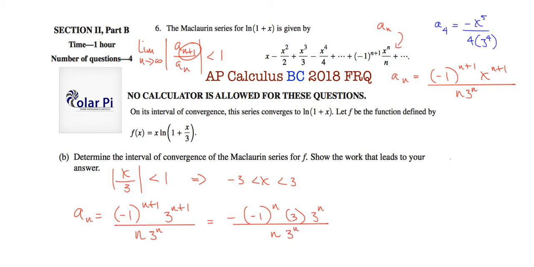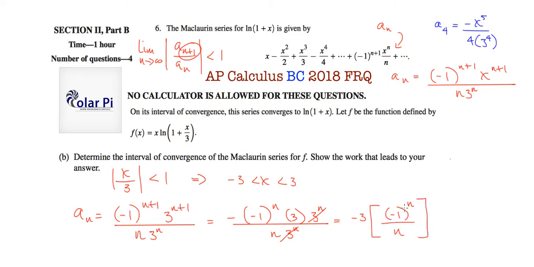Okay, and then look at what happens. We can combine this guy and this guy into a -3, and so we'll have -3 times (-1)^n divided by n.